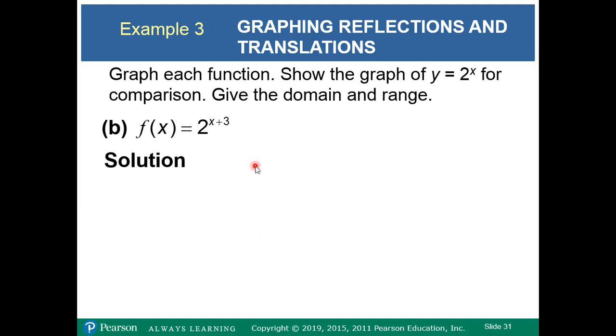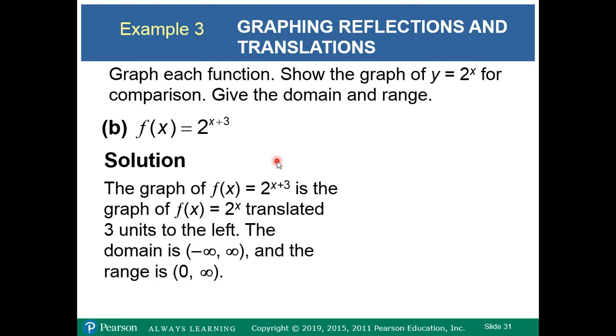Now look at this. What's going on? Now we're adding 3. Are we inside or outside the function? In this case, we're inside the function. We're adding 3 to x, so that means this is going to be a horizontal shift to the left, 3 units. So now all we have to do is sketch 2 to the x and then move it to the left 3 units.